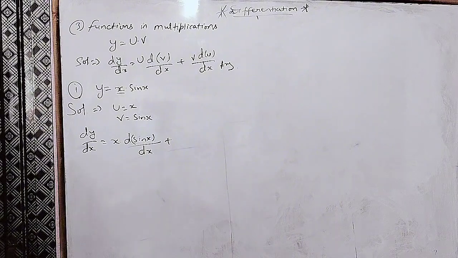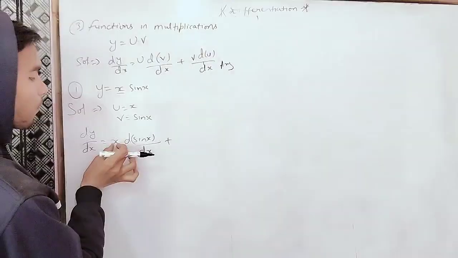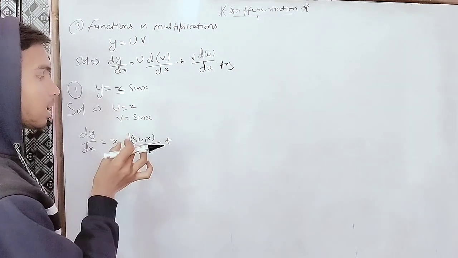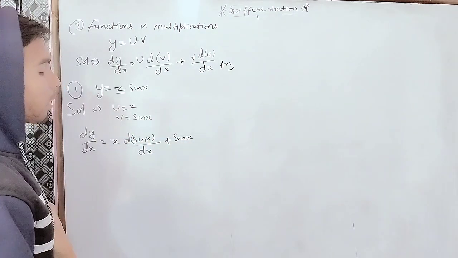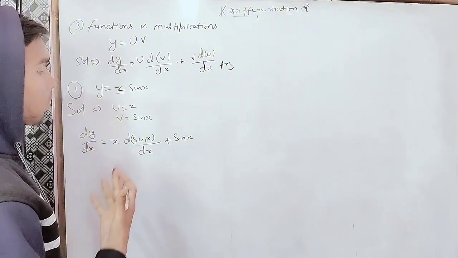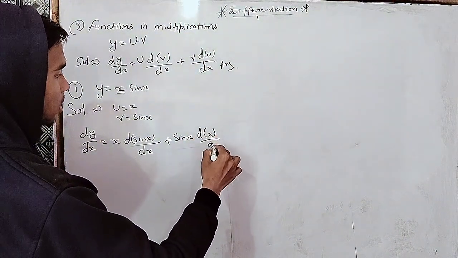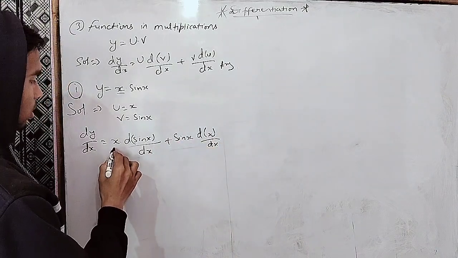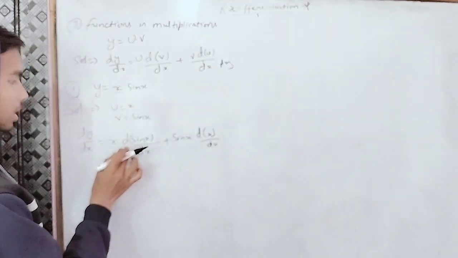Now we will put sin x, and we will differentiate x. So it is not in the form of a differentiation. It is so simple. This is in the form of a differentiation.